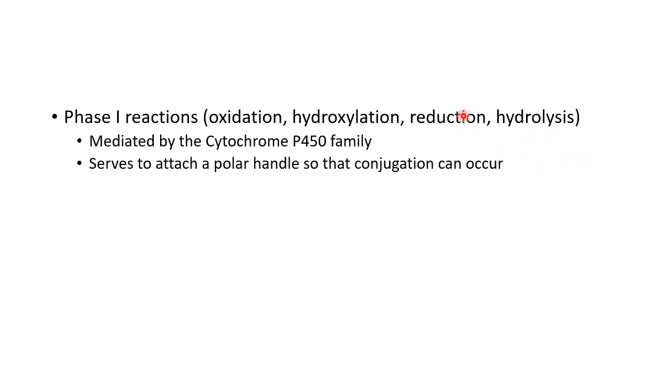So these reactions are mediated by the cytochrome P450 family of enzymes. So please remember, cytochrome P450 family of enzymes. These enzymes also contain a lot of ions such as iron and copper.